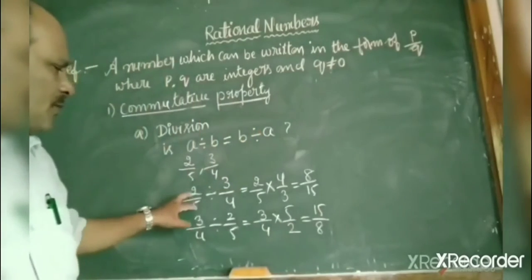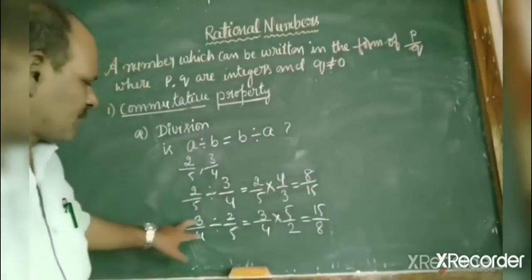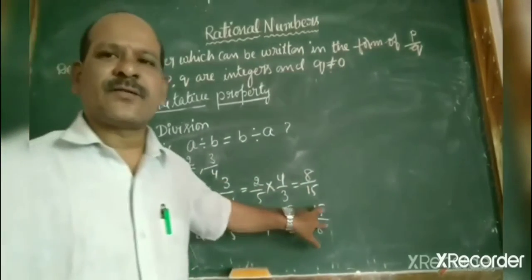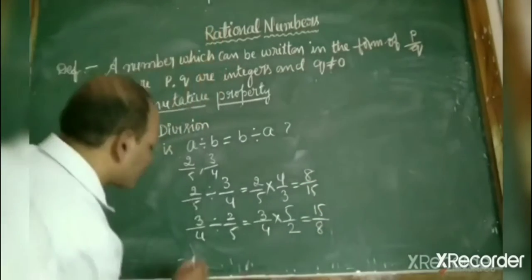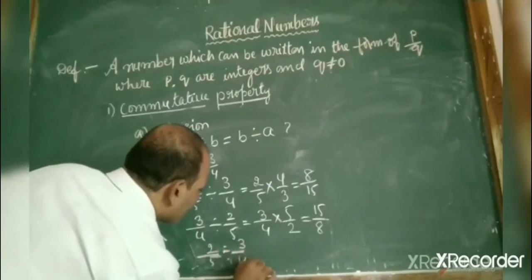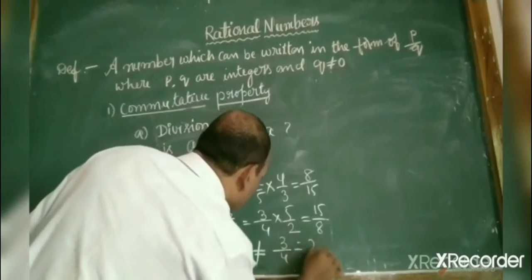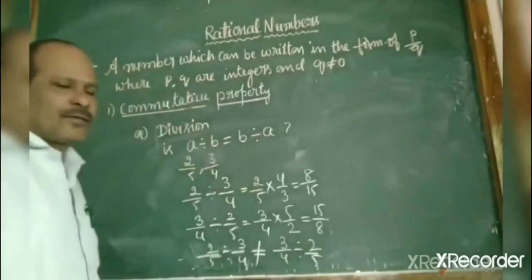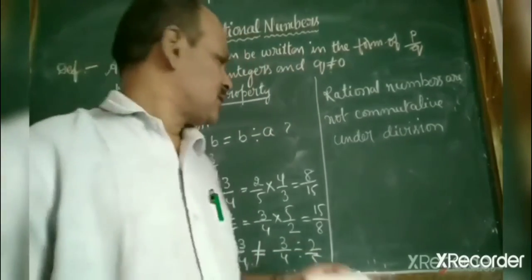See here, 2 by 5 divided by 3 by 4, I am getting the answer 8 by 15. 3 by 4 divided by 2 by 5, I am getting the answer 15 by 8. These two are different answers. They are not equal. So 2 by 5 divided by 3 by 4 is not equal to 3 by 4 divided by 2 by 5. From this I can say rational numbers are not commutative under division.